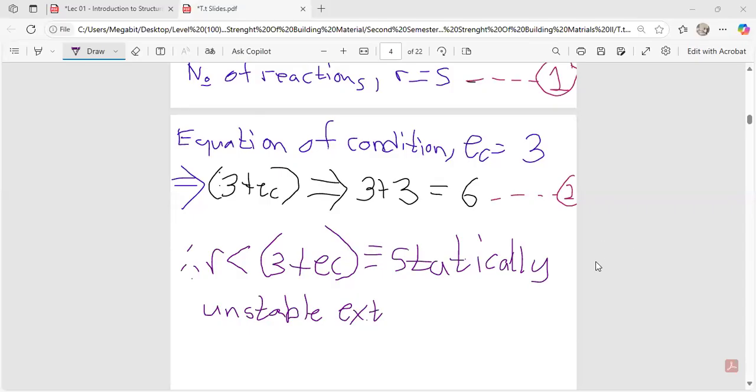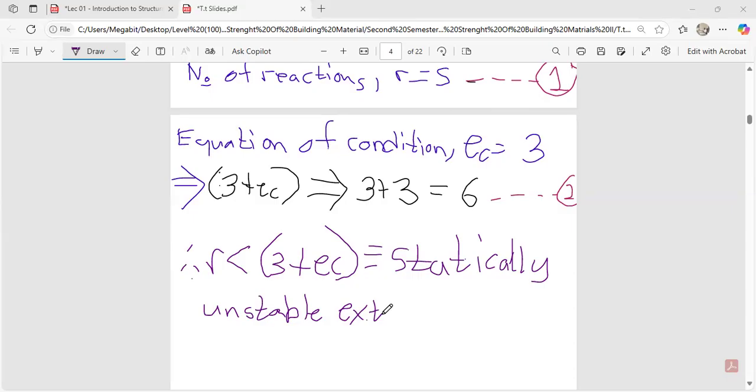So we are only going to be calculating the degree of static indeterminacy if the thing is more than 3. So if the thing is more than 3, do you think we can ever get a negative answer? We can never get a negative answer because it is more than 3. Even if you subtract 3, something will be left. Okay. So we can never get a negative answer, and we can also never get 0.